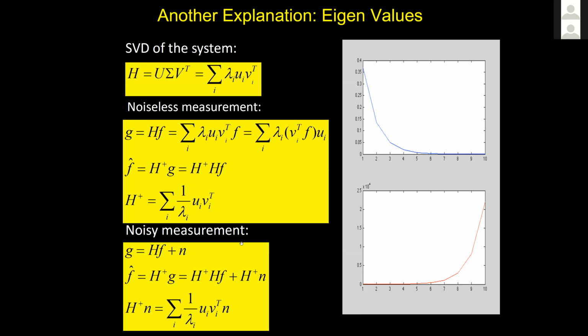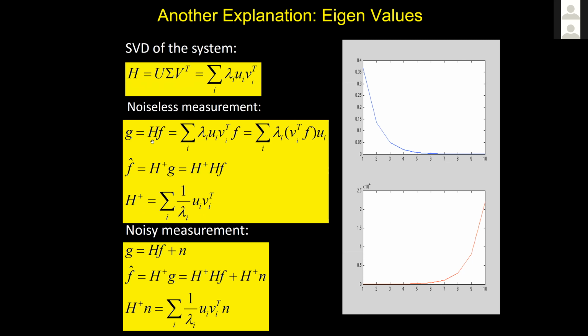So the other way to look at this is from algebra. Suppose that your system matrix can be decomposed into eigenvalue and eigenvector.